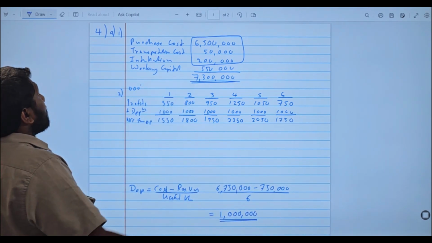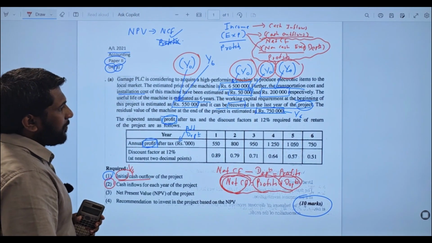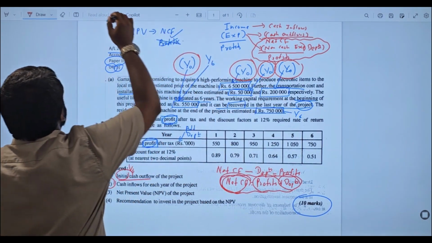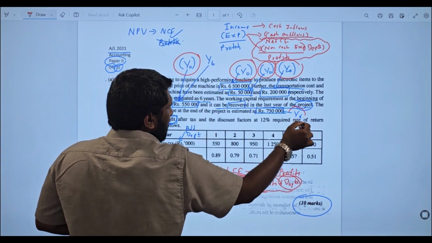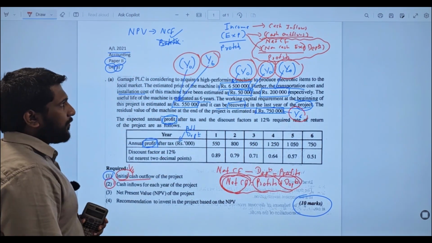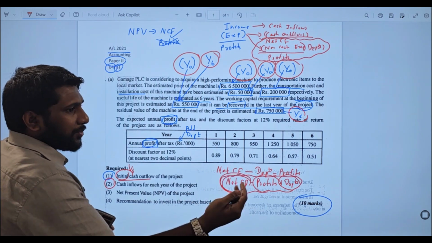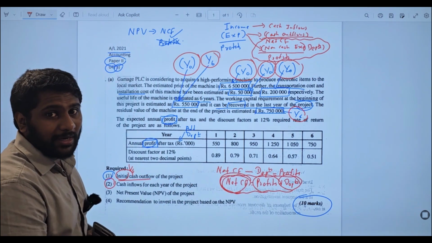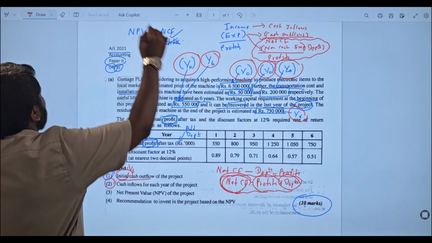And not only that, we have other cash flows as well. By selling the asset, I will get 750,000, and this you have to consider for year number 6. After the project is over, I can get back whatever working capital money I have invested.